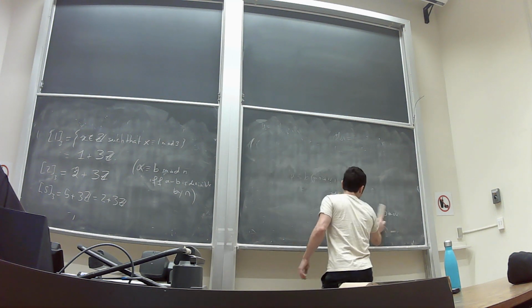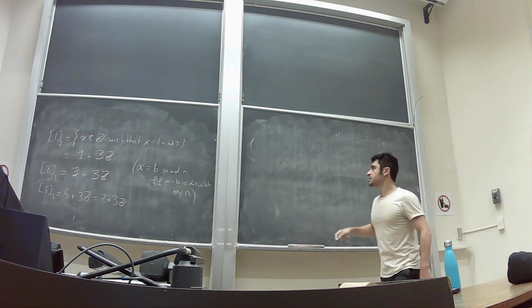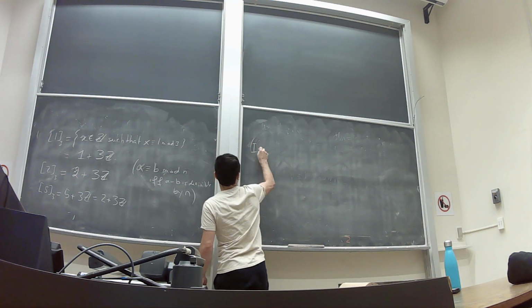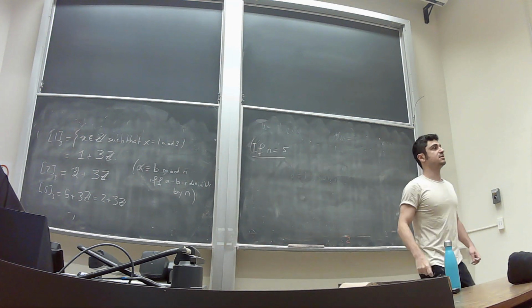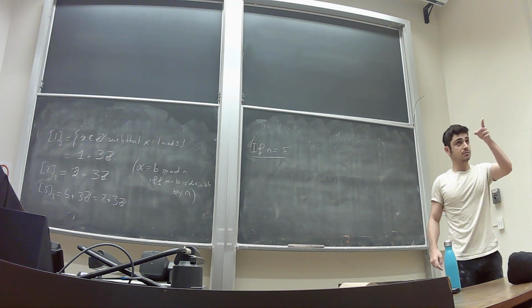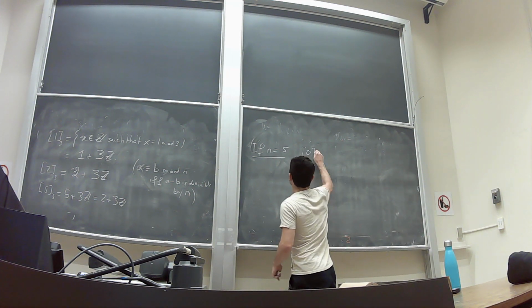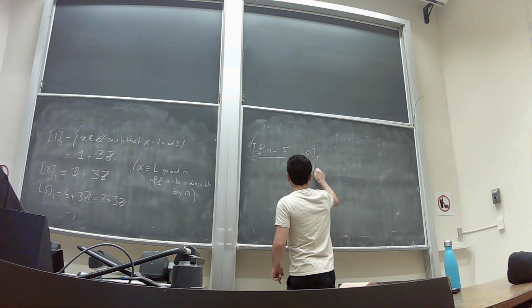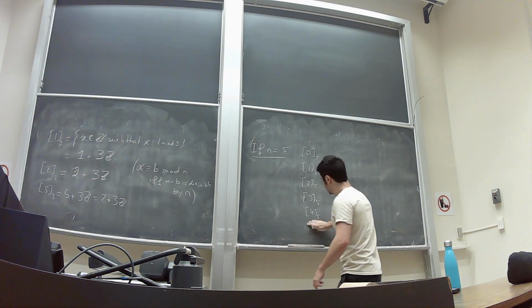Now, if n is equal to 5, how many equivalence classes do I have? 5 equivalence classes. They are the class of 0, the class of 1, the class of 2, the class of 3, the class of 4, that's it.